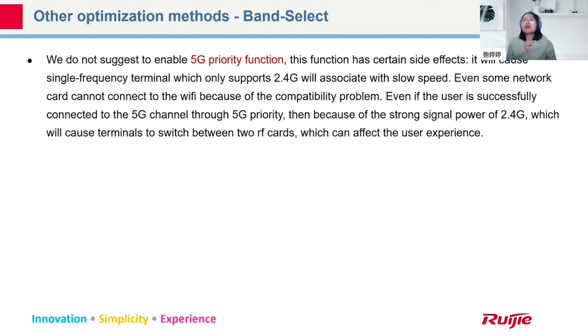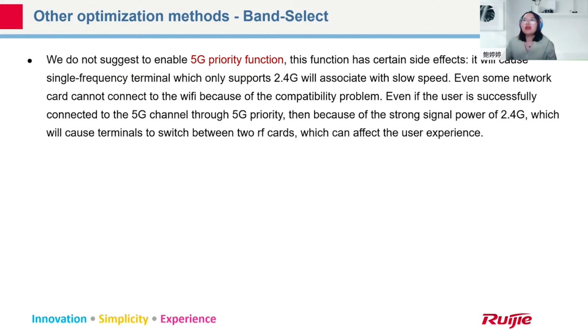And another one is band selection. We suggest, if we have 5G and 2.4G at the same time and we hope lots of users can connect to 5G first, we can make the power of 5G bigger than 2.4G.